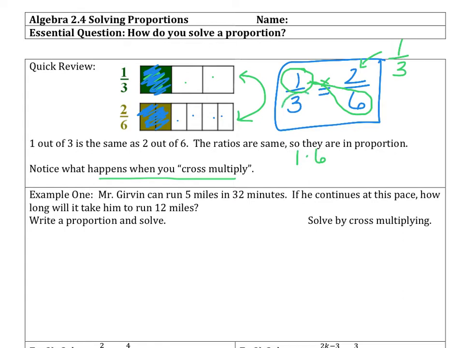And then when you go across the equals in this direction, from the denominator to the numerator, you have 2 times 3. Notice that when you multiply this, you get 6, and on this side, 2 times 3 is also equal to 6. So whenever you have a true proportion, the cross products, the numbers you get when you multiply across the equals, are always going to be the same.